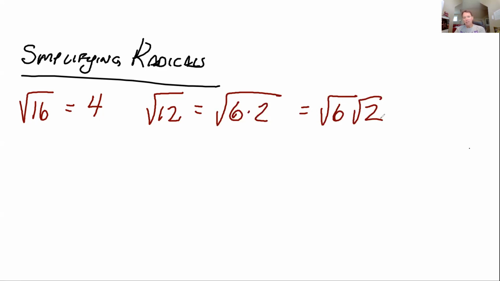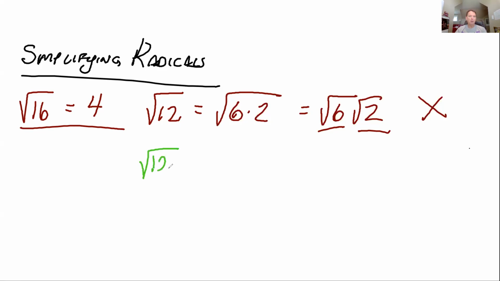But the problem is this is bad. Why? Because I don't know what square root of 6 or square root of 2 happens to be. Again, I can put it in a calculator, but all that does is give me an approximation as a decimal. It doesn't tell me exactly what it is, not like square root of 16 equals 4. So that particular approach isn't terribly useful.